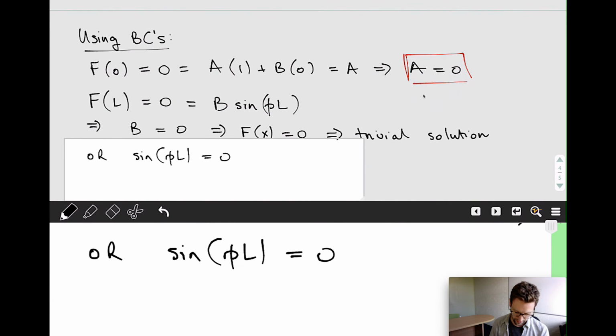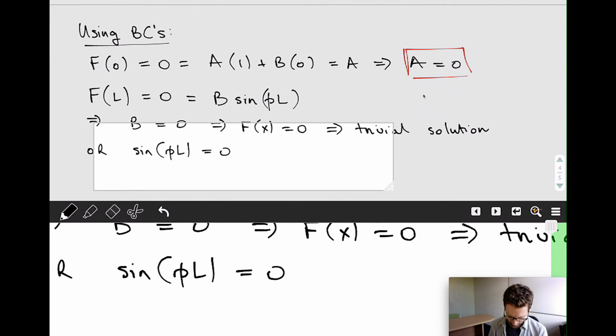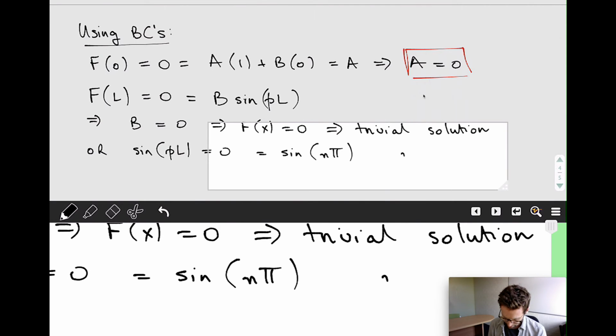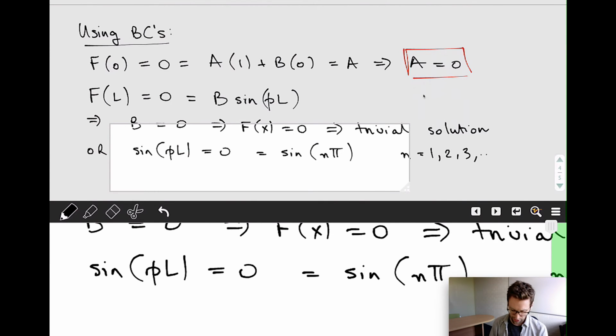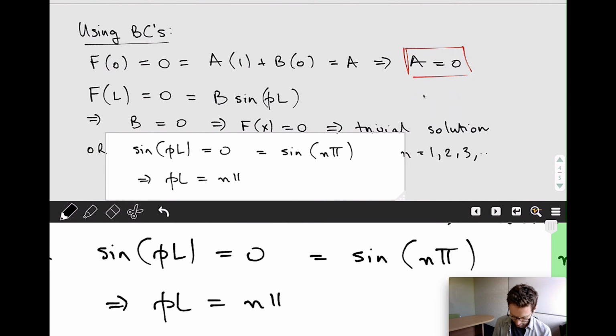So what about the other possibility, sine of pL is equal to 0? Well, I know that the sine of an integer multiple of pi is equal to 0. So I can say sine of n pi is equal to 0 for n is equal to 1, 2, and so on. And you notice if I compare those expressions that I can conclude that p times L must be an integer multiple of pi.